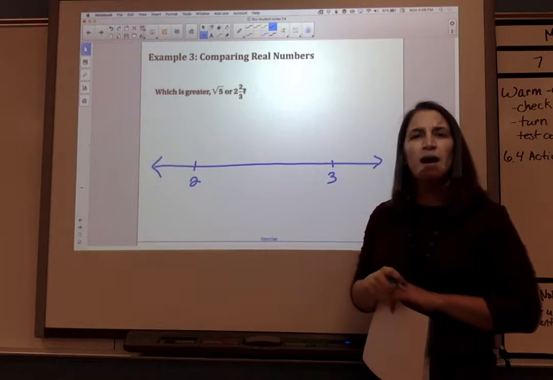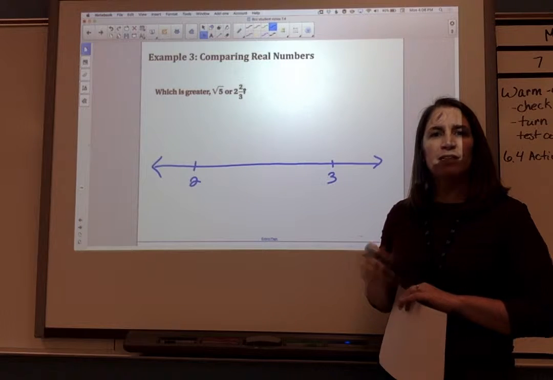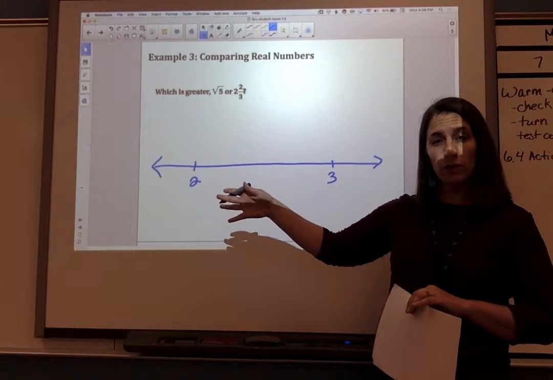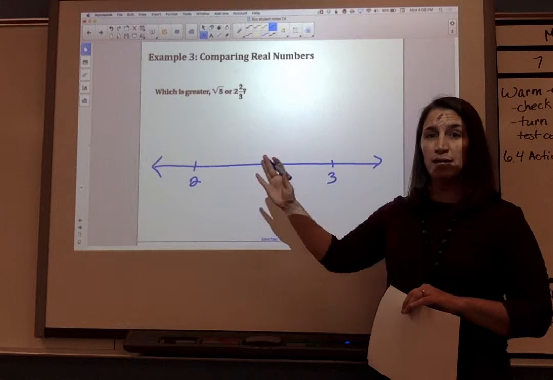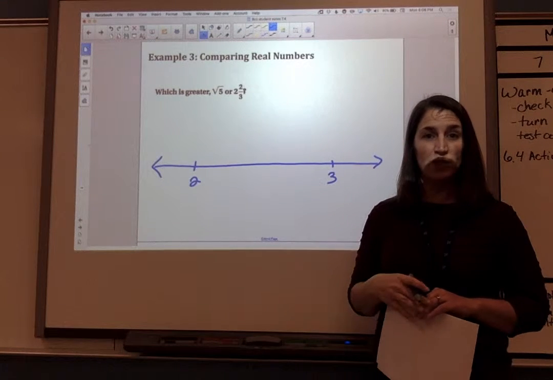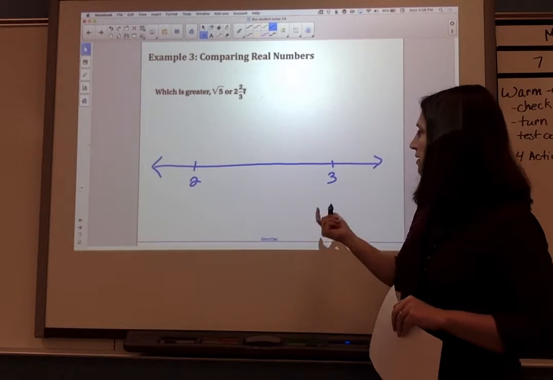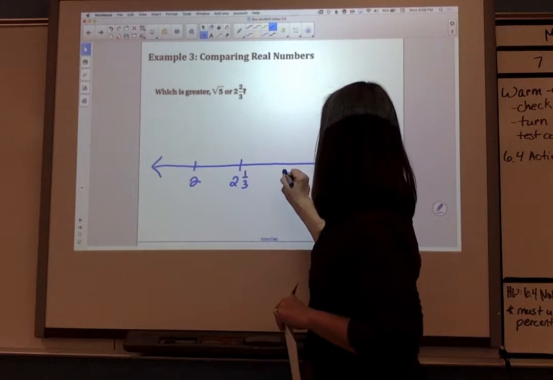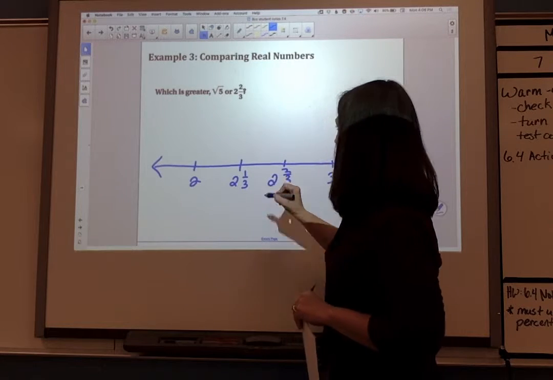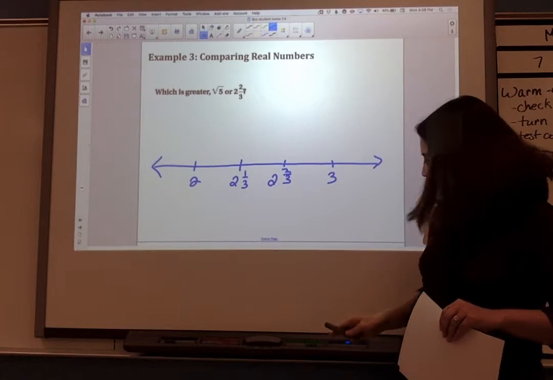And square root of 5, let's see, square root of 4 is 2, and square root of 9 is 3. So square root of 5 should fall between 2 and 3 as well. So let's go ahead and just do 2 1/3, 2 2/3, and we'll kind of estimate these.